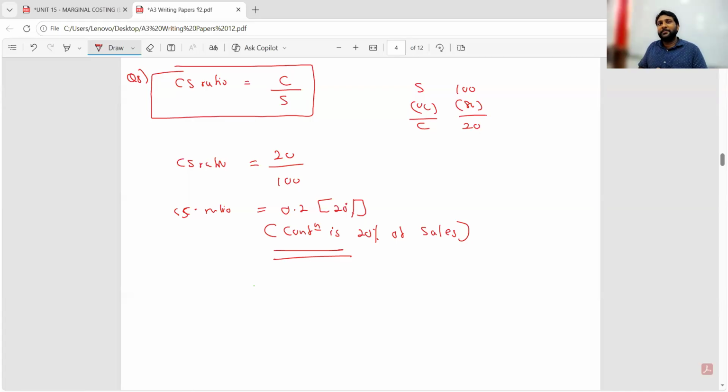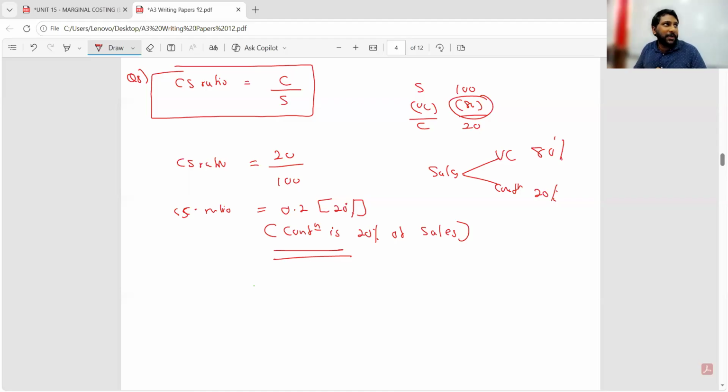From the sales, 20% is contribution. The remaining 80 is the variable cost.